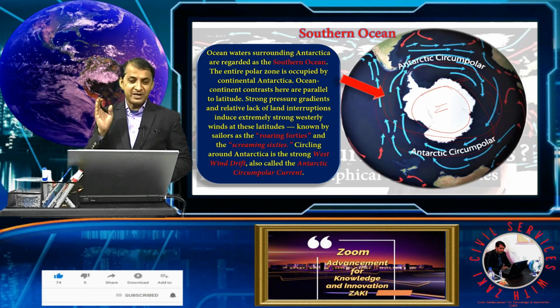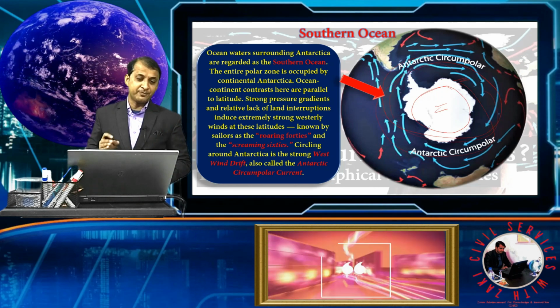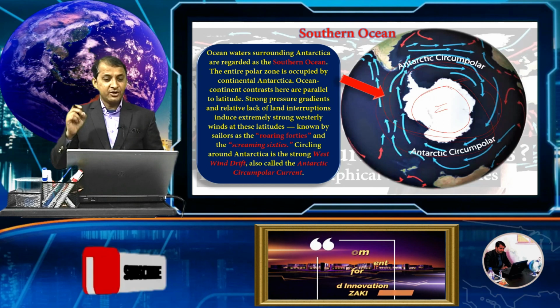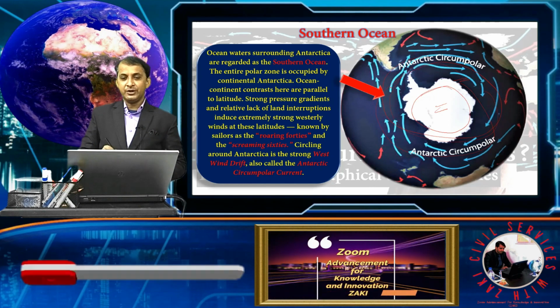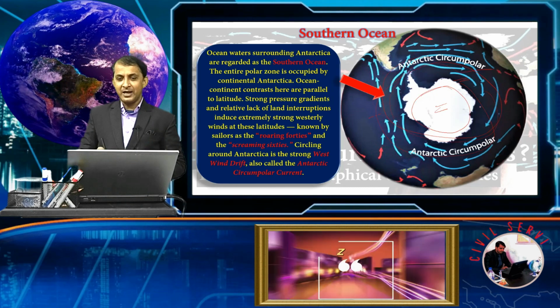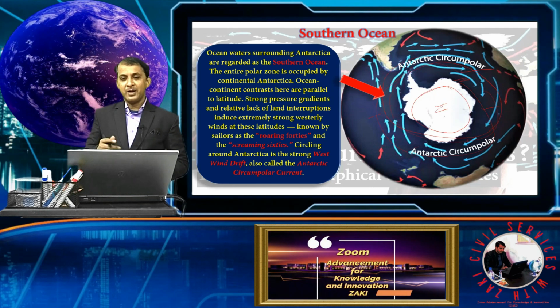A strong pressure gradient and relative lack of interruptions produce extremely strong westerly winds at these latitudes. You can see this area lacks land, while the other area is dominated by land.